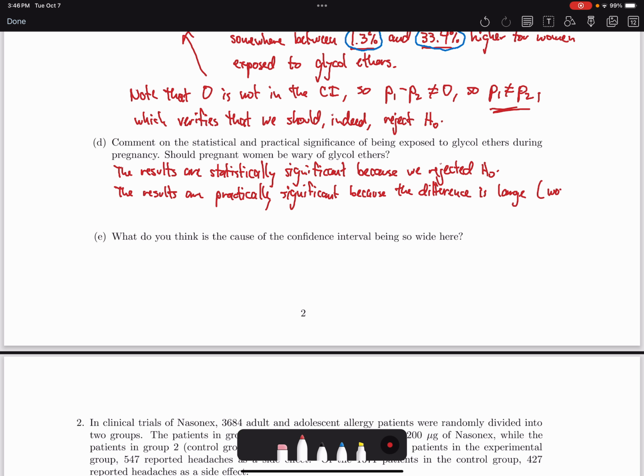Women exposed, or we'll say the women in our sample, who were exposed were twice as likely to have a miscarriage.